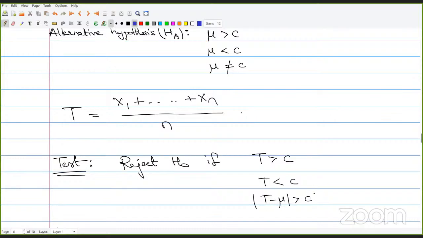Whatever operation we do on the left hand side, we do the same operation on the right hand side. In the two-sided case you already have mu in the left hand side, so there is no need to again subtract mu; it is enough to divide by sigma by root n on both sides.